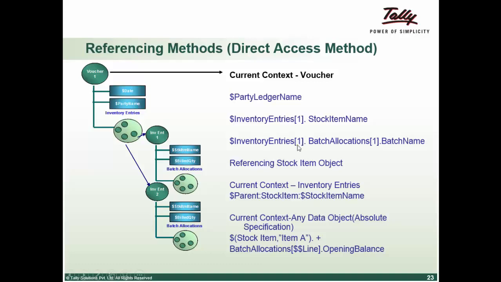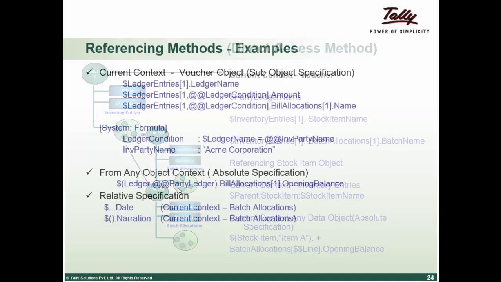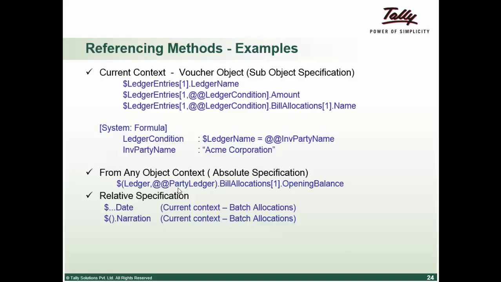The first inventory entry. Is inventory entries directly under voucher? Yes. So, from the first inventory entry, it goes to the batch allocations. The first batch allocation, it retrieves its batch name. So, that's how the direct access or the method formula syntax works. These are some examples to it.